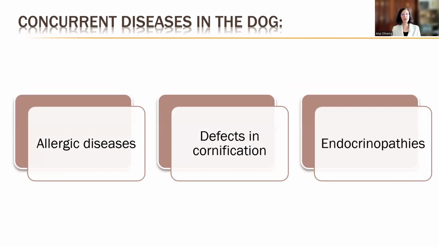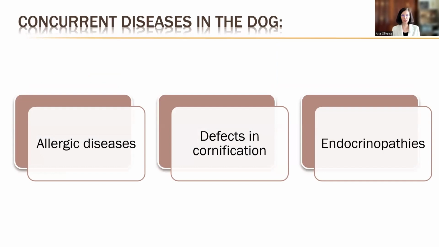Now, if we need a dysbiosis to have Malassezia pachydermatis proliferation, that means that we have a concurrent disease. So we have an underlying disease for this problem. As I said, most of the times we are looking at allergic patients.